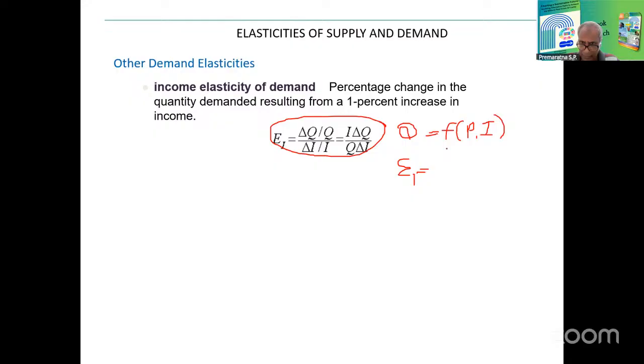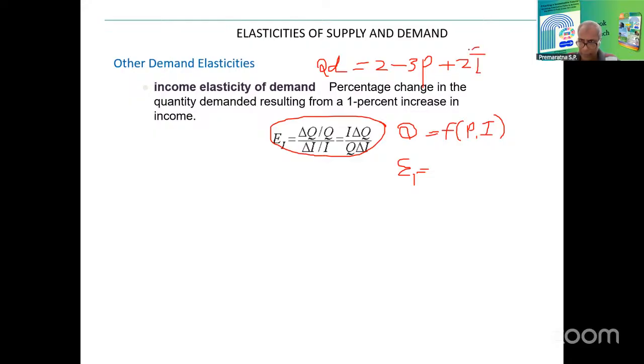Take, let's say, the demand equation QD = 2 - 3P, plus, it can be plus or negative, 2I.